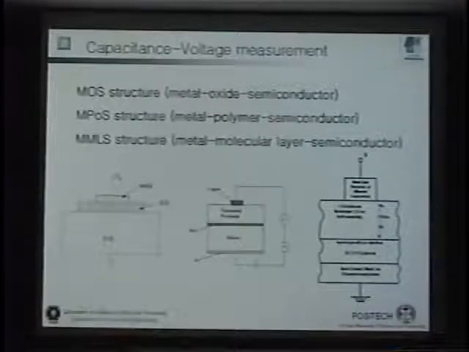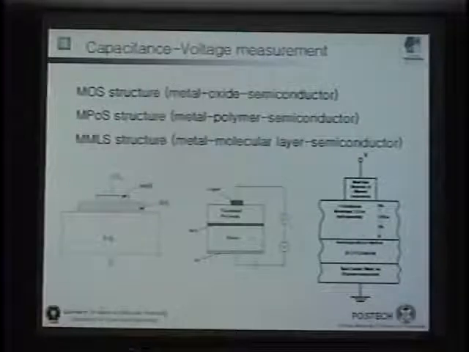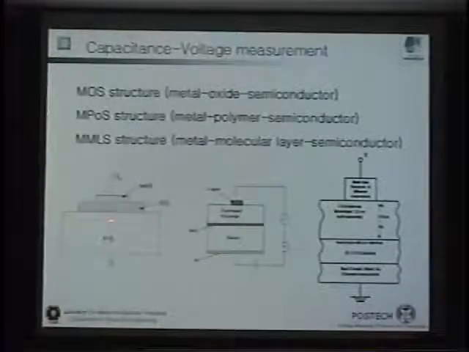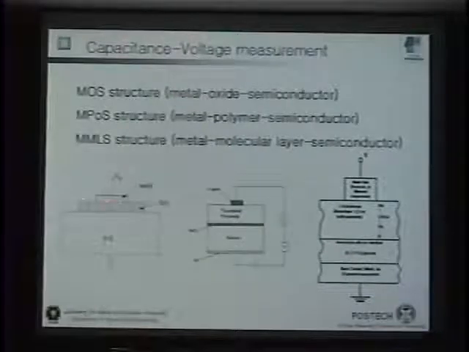Before you make transistors, with this simple structure, you can evaluate the properties of insulators and also the interface properties of insulators and semiconductors. And this MOS structure is made from single crystal silicon and then silicon dioxide as a gate dielectric and a metal gate electrode.